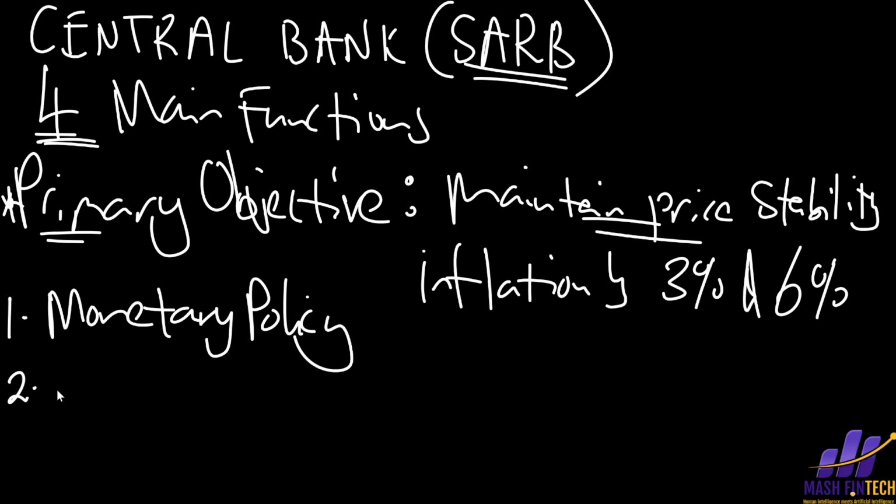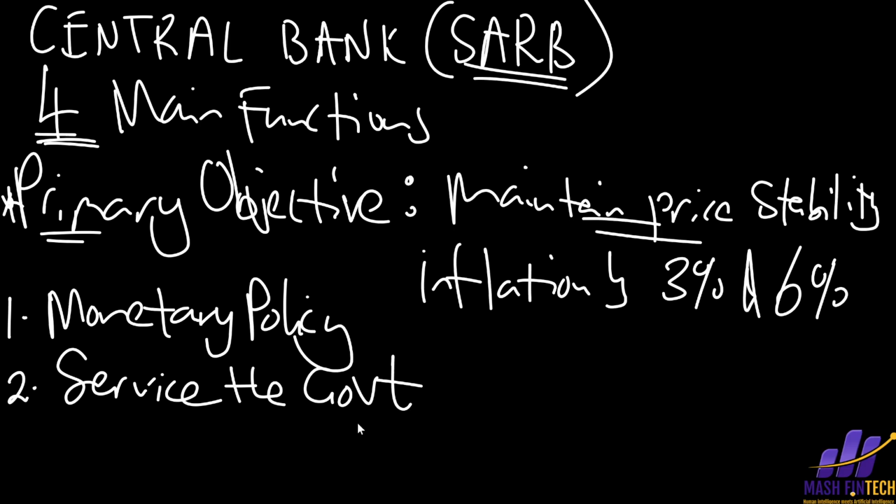The second function of the Reserve Bank is to provide services to the government. So they service the government. They are a banker for the government. They hold the gold reserves on behalf of the government. They hold foreign currency reserves for the government, which means they are responsible for the exchange rate policy as well, because they hold the foreign currency reserves.